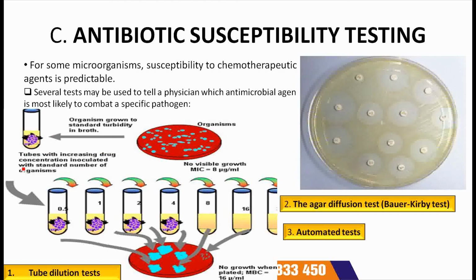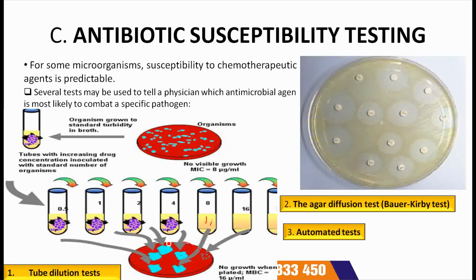So the procedure goes here. You can see the concentration of this tube is 0.5. This has 1, 2, 4, 8, 16. It is doubling continuously. Doubling concentration is taken. Here you can see the growth is very low, or we can say no visible growth.